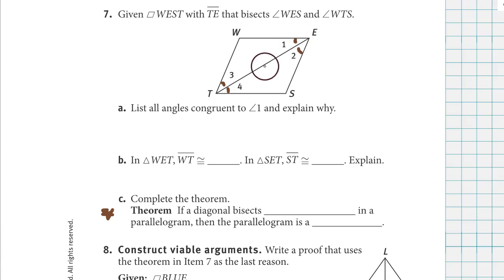That means that that diagonal is an angle bisector of angle T and angle E. When a diagonal bisects the angles, then the shape must be a rhombus. So if a diagonal bisects the angles in a parallelogram, then the parallelogram is a rhombus.